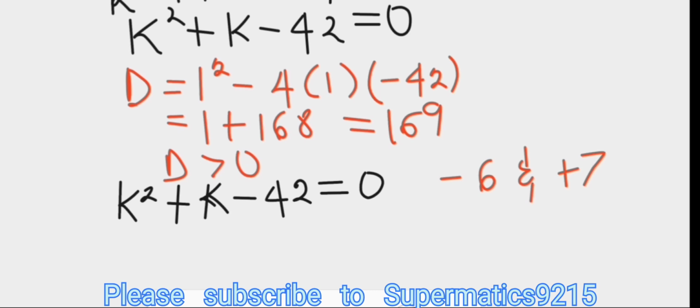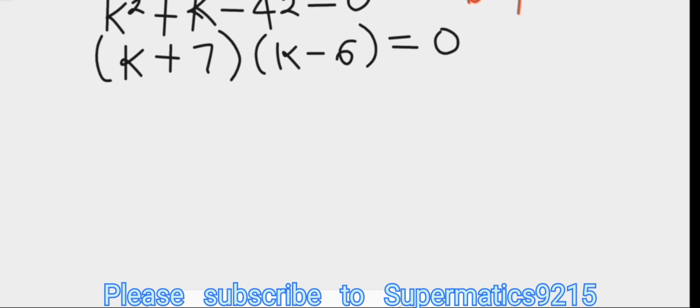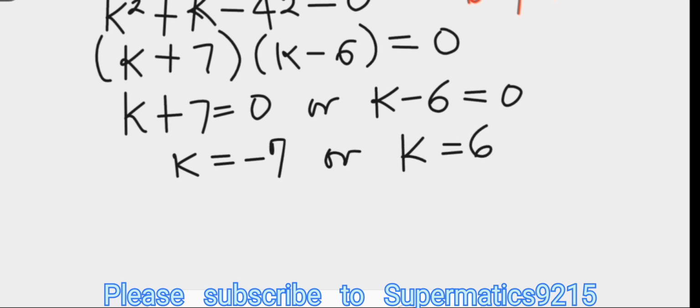And therefore, k squared plus k minus 42 equals 0 factors as k plus 7, k minus 6 equals 0. And by the zero product property, k plus 7 is 0, or k minus 6 is 0, so that k is negative 7 or k is positive 6.